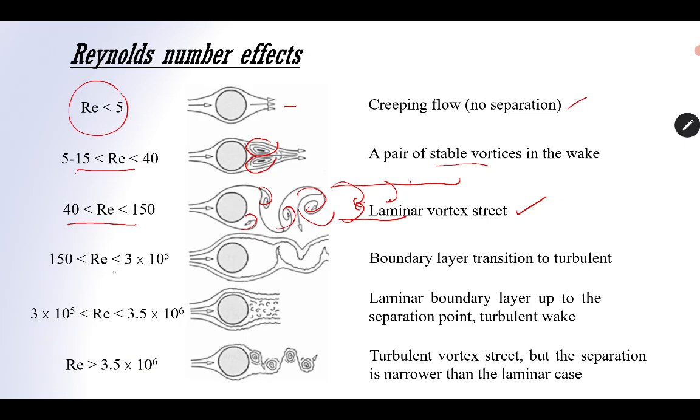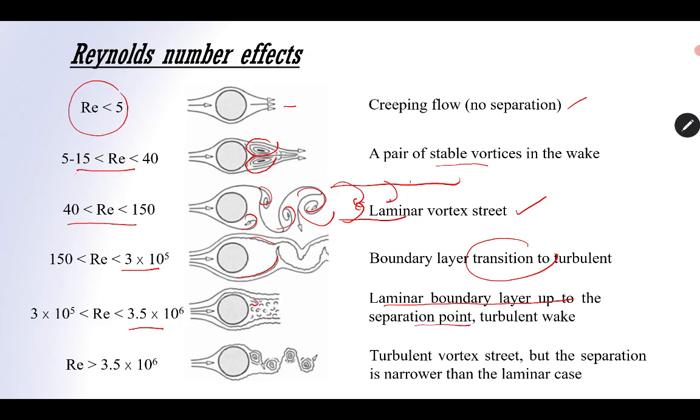Then increase to 3 times 10 to the power 5, which is the boundary layer transition region. We start to have flow separation at this condition, in this area. Then as the number increases, the laminar boundary layer goes up to the separation point, and then a turbulent wake.